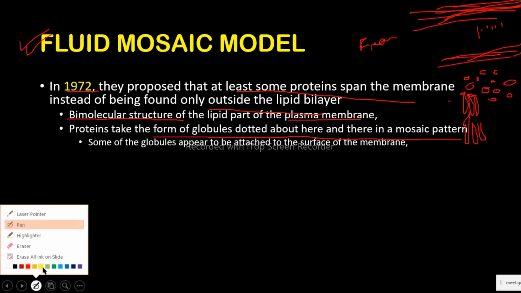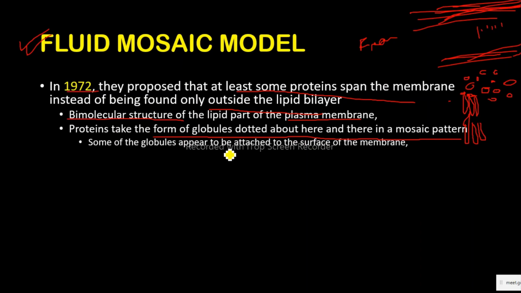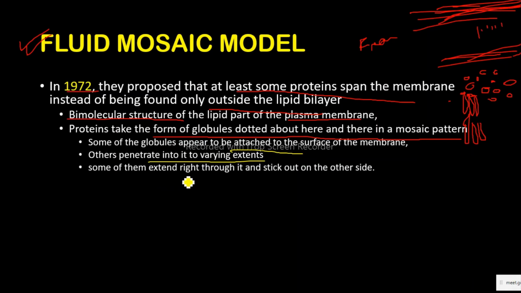Some of the globular proteins are attached on the surface, but others penetrate into varying extents, and some of them extend right through and stick out on the other side. Now, this mosaic pattern is observed when you observe the surface.